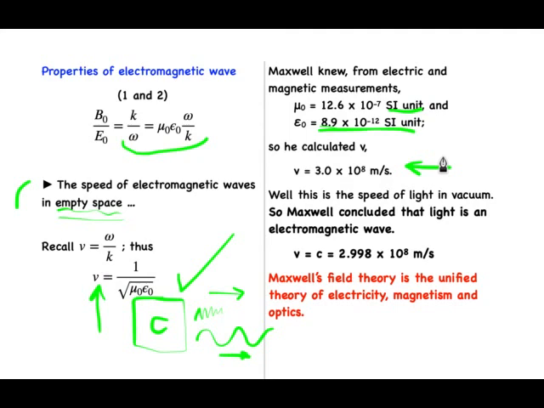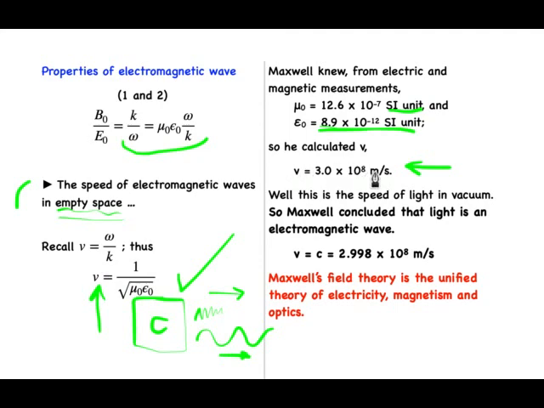You know, optics had been studied for a long time. Optics had been studied since the time of Newton, really. Optics had been studied for more than 100 years, and the speed of light had been determined. Actually, the speed of light was determined a little bit before Newton. Galileo tried to measure the speed of light, but he failed because it was too fast.